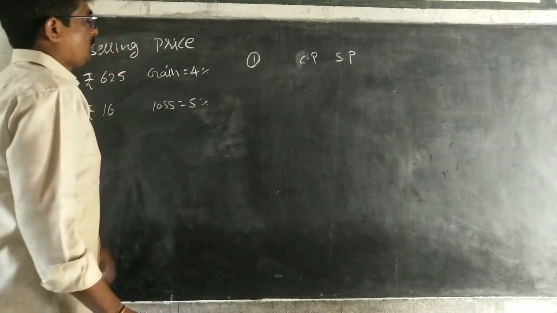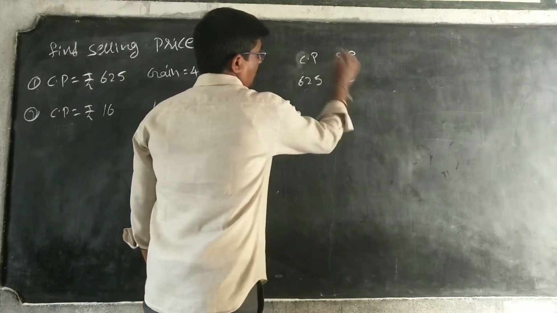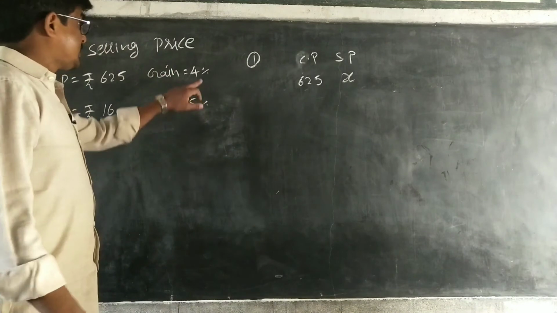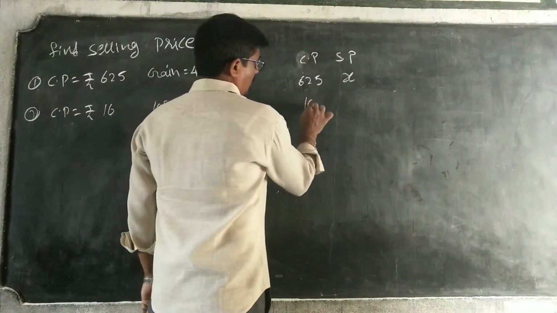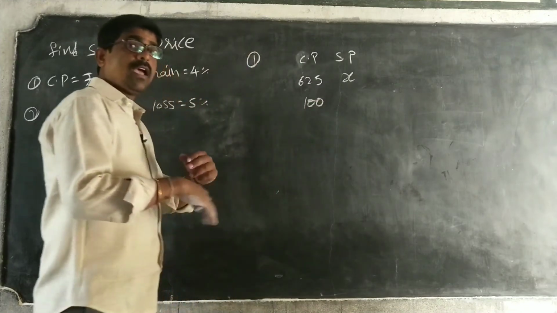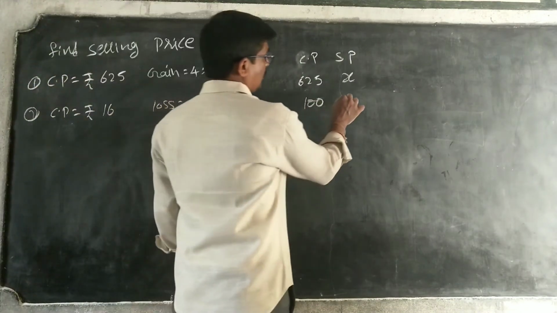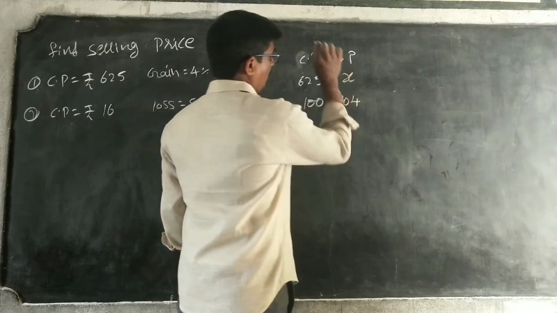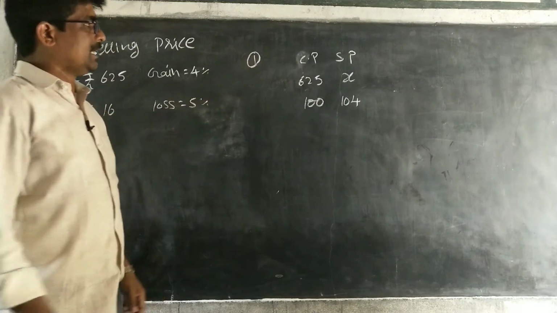Now the cost price is 625, and we have to find the selling price. Gain is given. The cost is always 100. Gain means you have to add, that is equal to 104. What we have to find is the selling price.